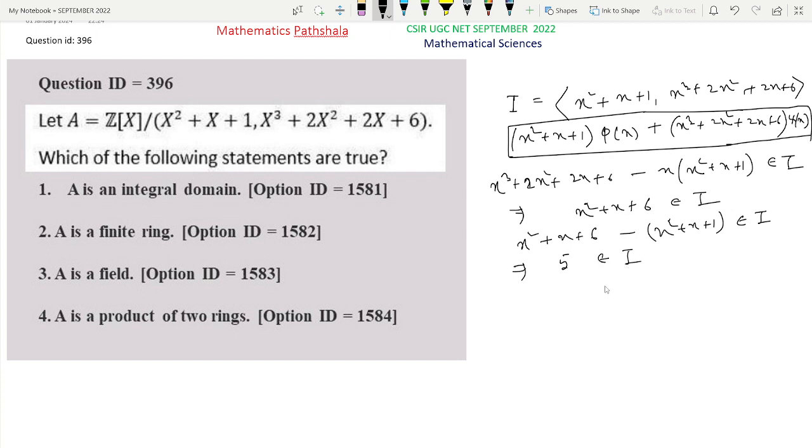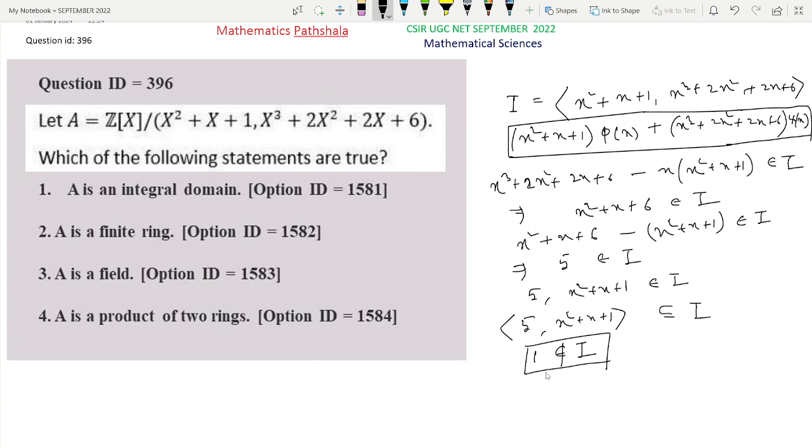Now see, 5 belongs to I as well as x square plus x plus 1 belongs to I. So we have that the ideal generated by 5 and x square plus x plus 1 is a subset of I. Also, see that 1 does not belong to I. Just verify this.